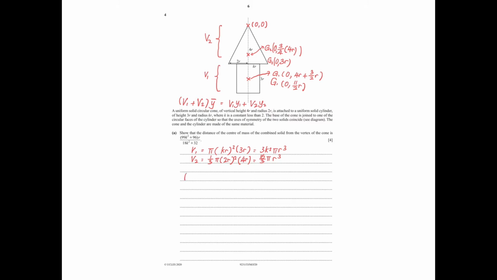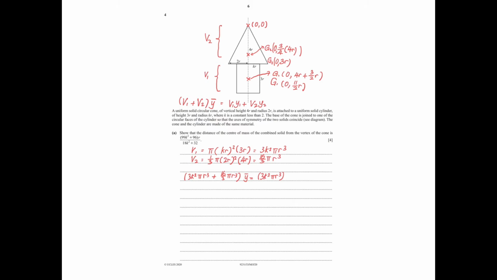Once you get V1 and V2, we can proceed by using the formula. I start with V1, 3k square pi r cube, plus V2, 16 over 3 pi r cube, multiplied with y bar, equal to V1, 3k square pi r cube, multiplied with Y1.